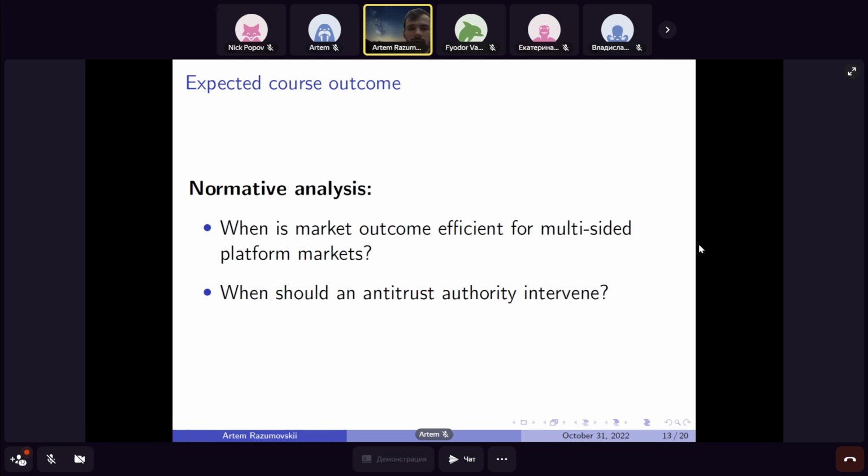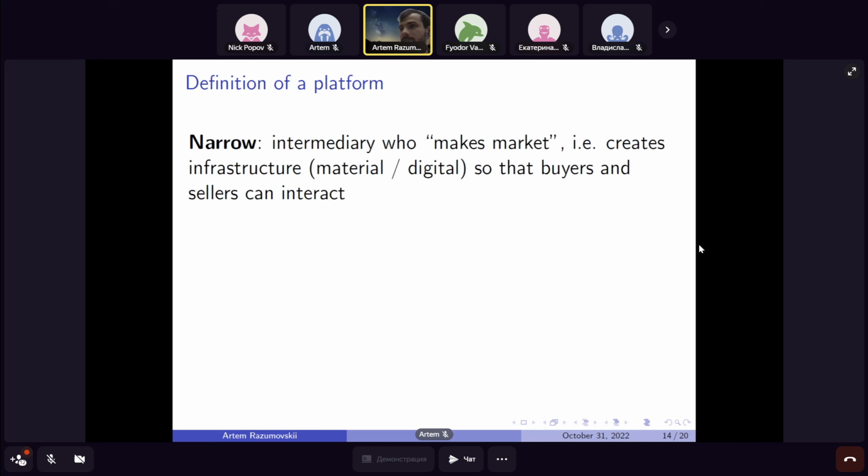If you are talking about monopoly, duopoly, then we need to think about whether we should make some intervention if we consider only one platform operating on the market. We will discuss this.